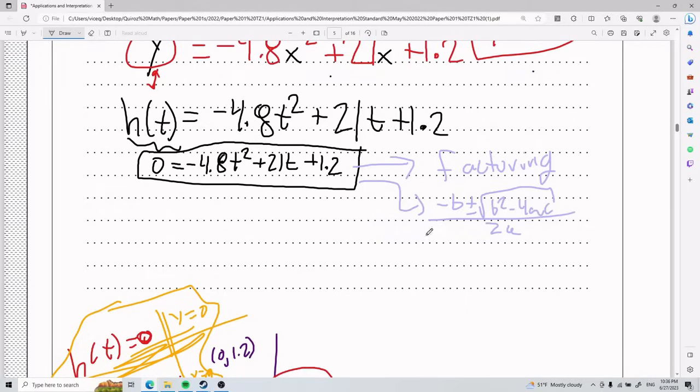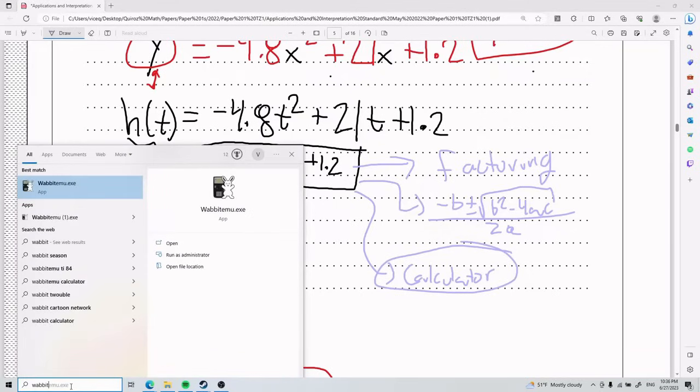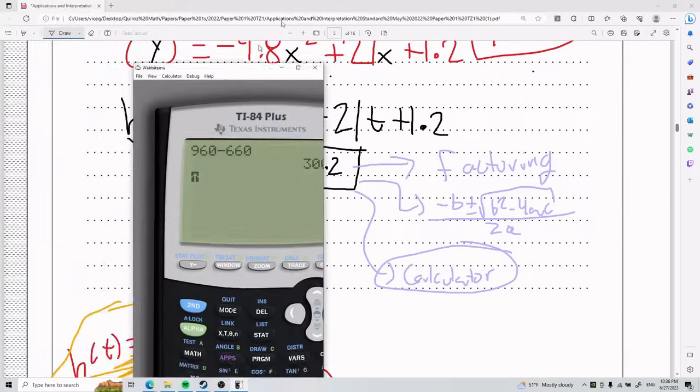This thing that you've probably seen before gives you the zeros. And the last option is just calculator stuff. I'm going to choose calculator stuff because even though it might be a little bit slower sometimes, it always works. And I'm all for following a process that you can always do. And so that is what we're about to do.